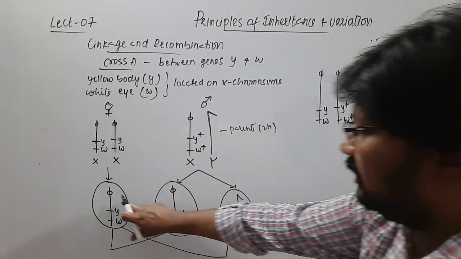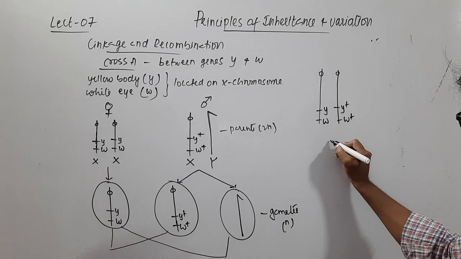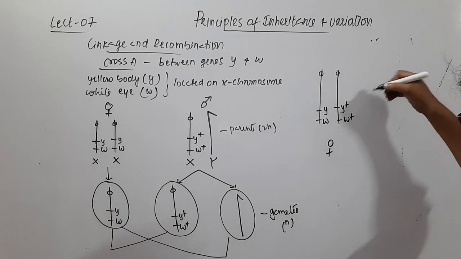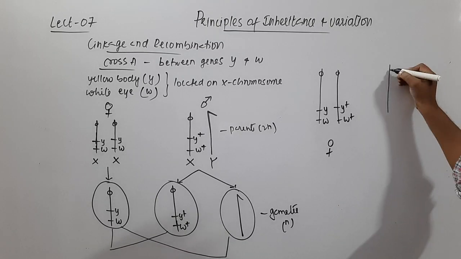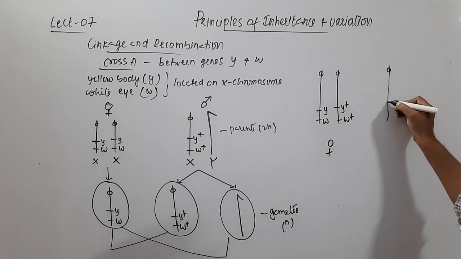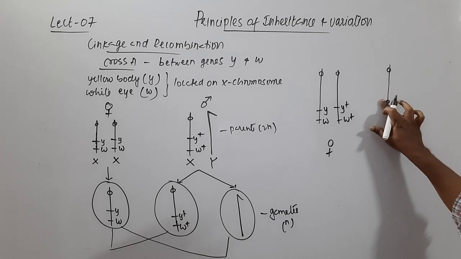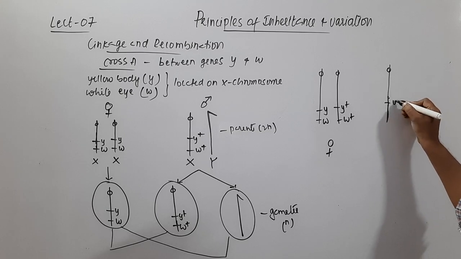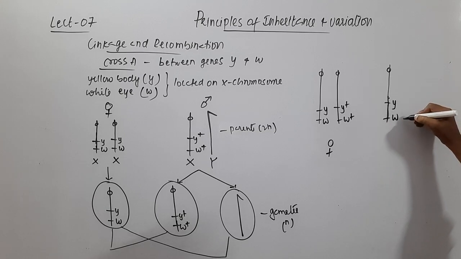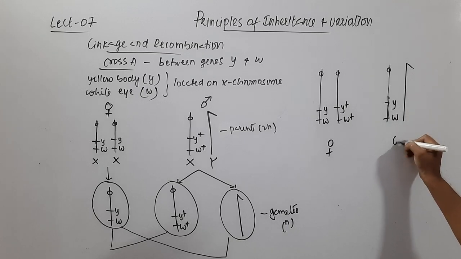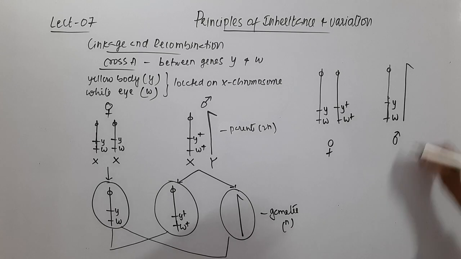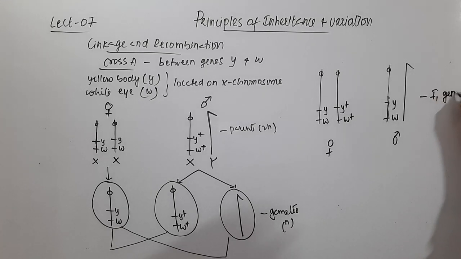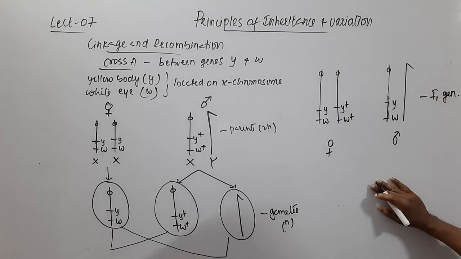Then coming to this one and this one, of course this is the female offspring we obtain, and here we'll see YW, so this is the male. So this is the F1 generation what we have obtained here.